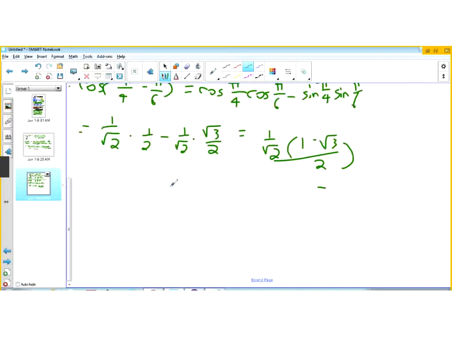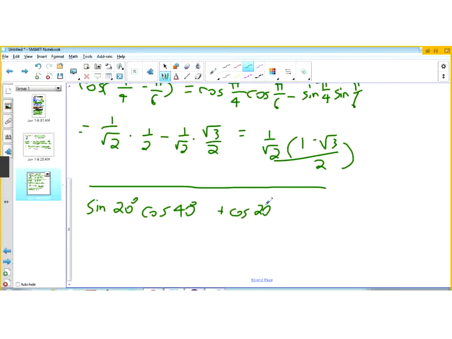So how about we do it in reverse? How about we find a value for the sine of 20 degrees times the cosine of 40 degrees plus the cosine of 20 degrees times the sine of 40 degrees.